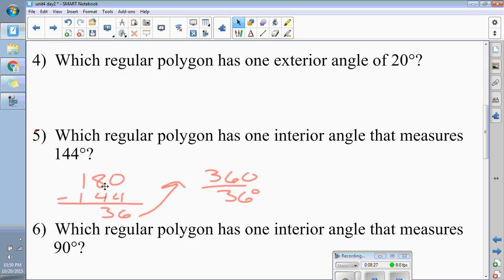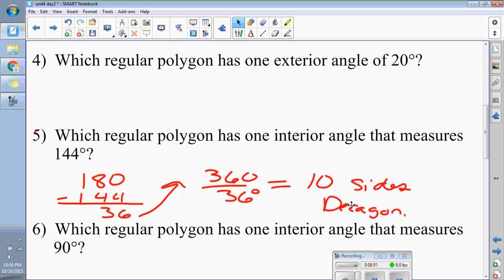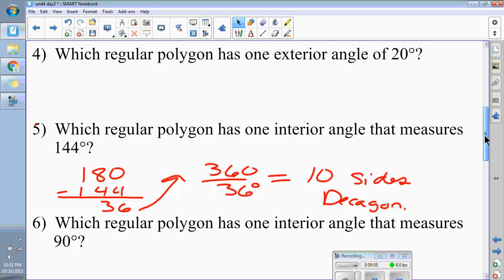We're going to say 180 minus 144, and we know that one exterior angle of this figure is going to have 36 degrees. We then take that 360 degrees for the exterior and divide it by 36. When we do that, we end up with a total of 10 sides, or a decagon. So any figure that has 144 degrees as the measure of its interior angles is going to be a decagon. Okay, we got a few more to talk about.